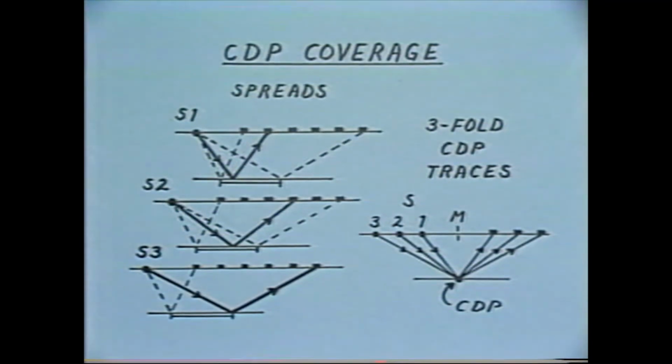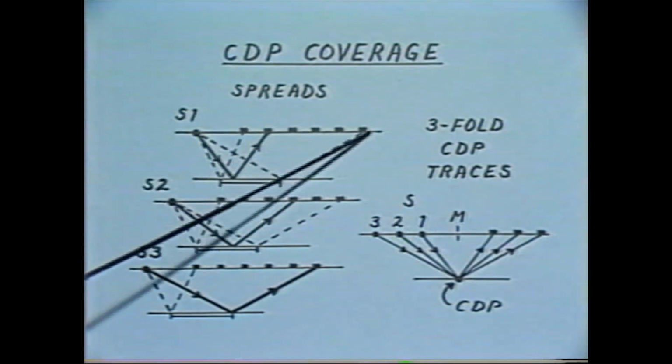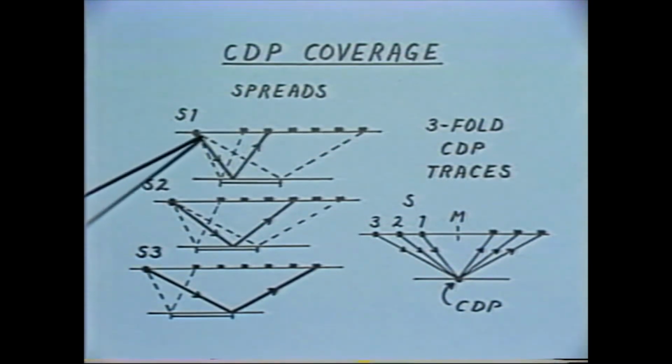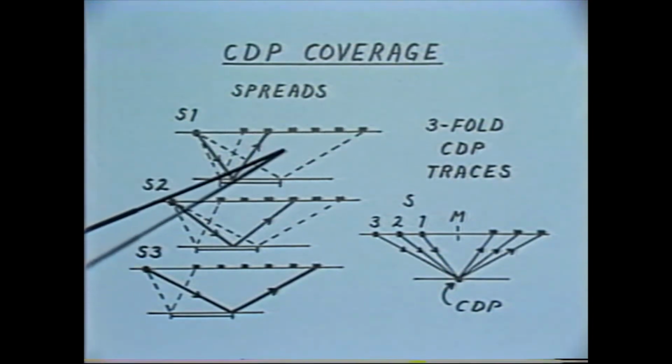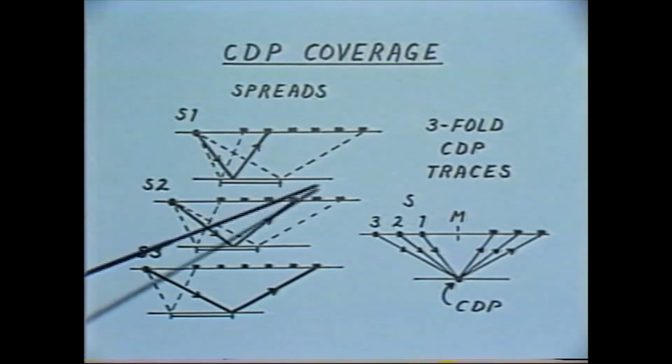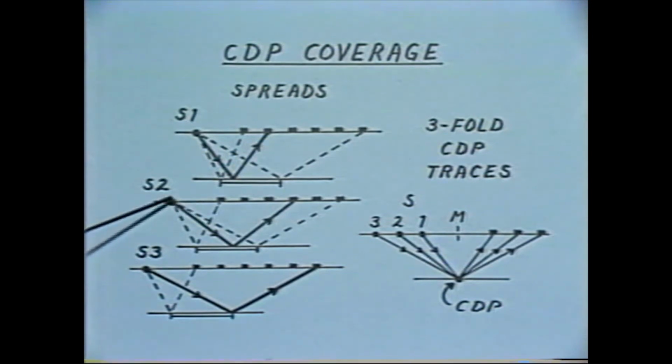Now, when the data is recorded, all the traces from one firing of the source from S1 would be on one record. The traces recorded from this setup would be on the next record, and from this setup would be on the next record.